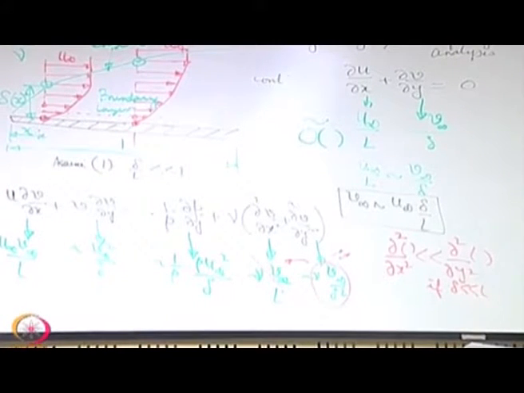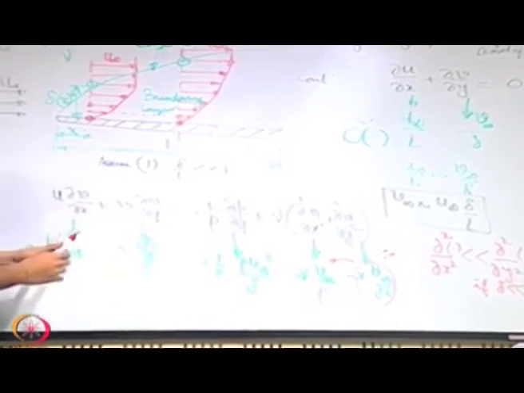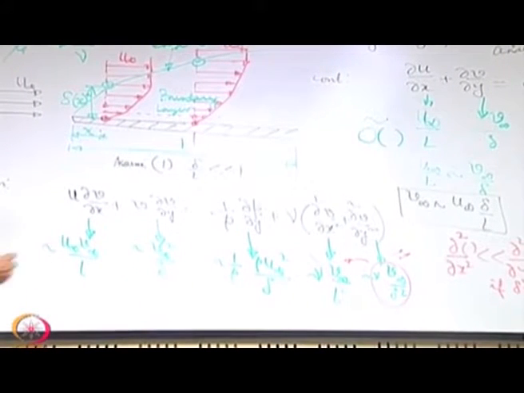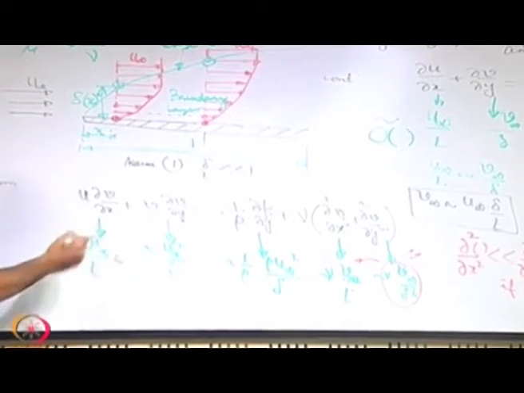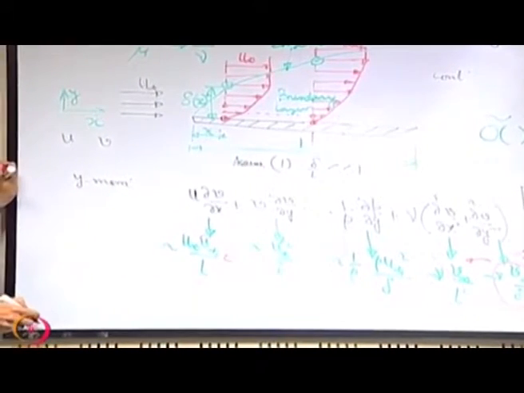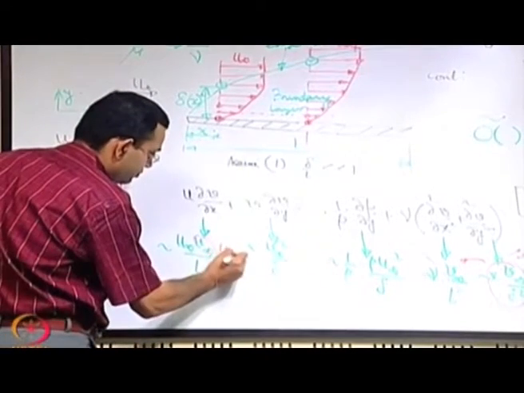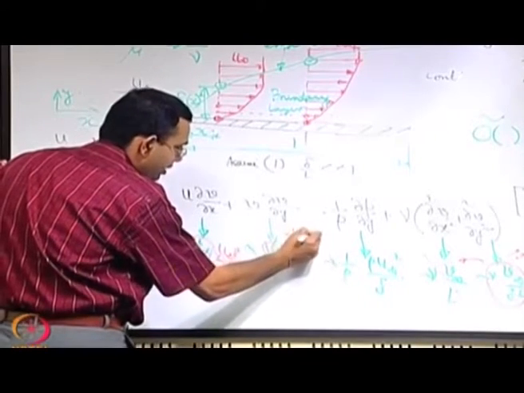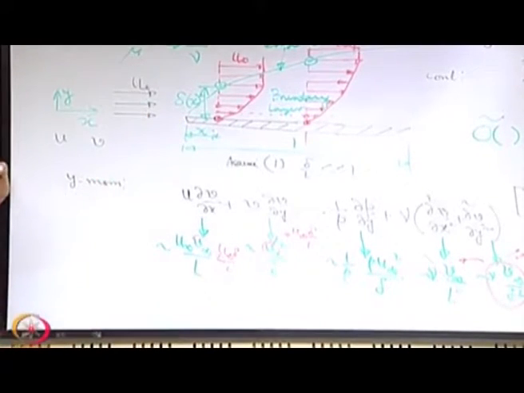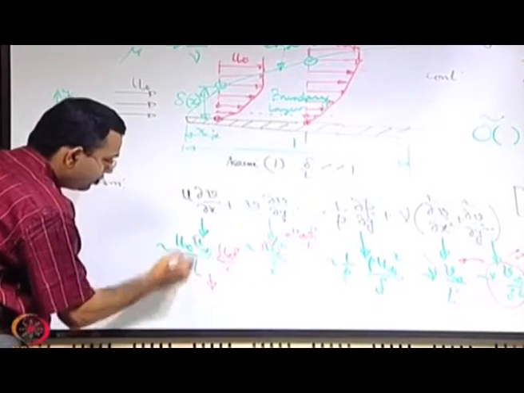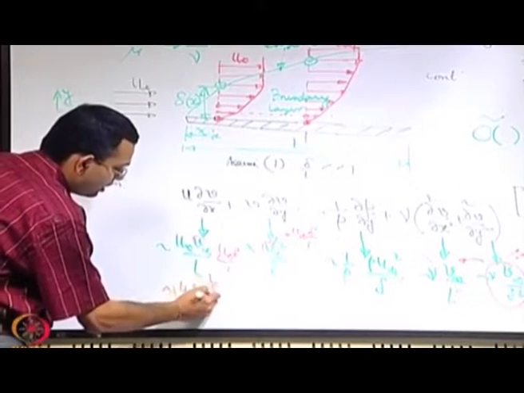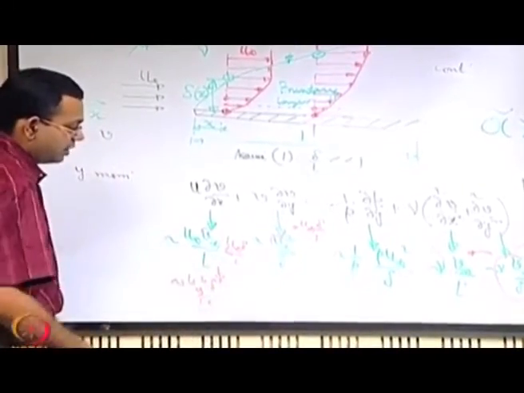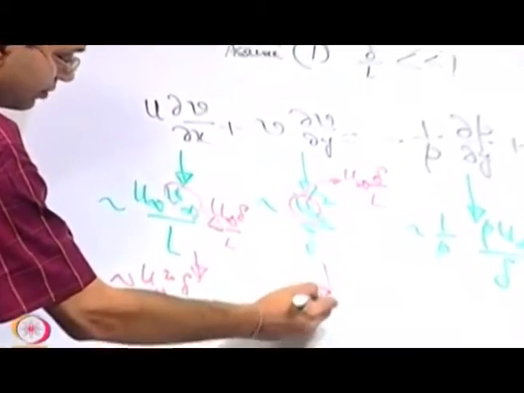Now, let us make an assessment of the order of magnitudes of the different terms in the left hand side and the important terms in the right hand side. First of all, you may estimate V infinity as u infinity into delta by L, and here also u infinity into delta by L. So, the order of magnitude of this term eventually becomes u infinity square delta by L square, and even this term is also like that.